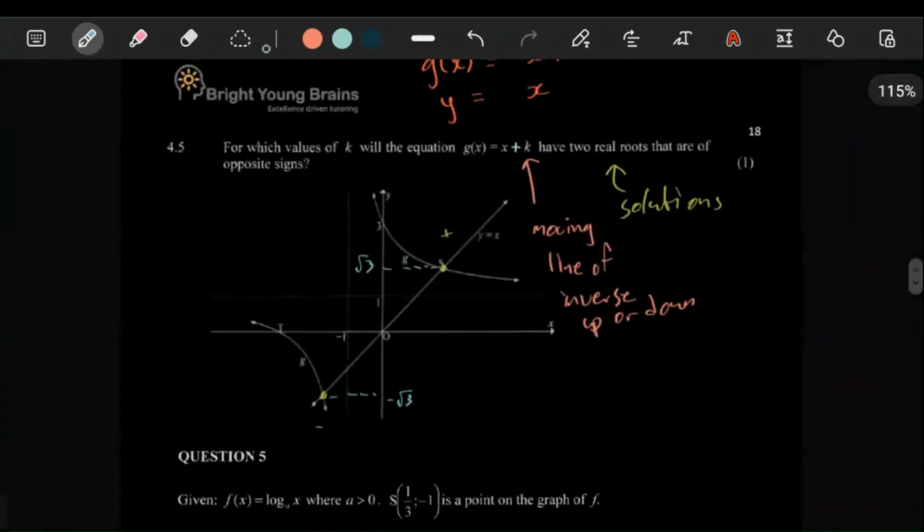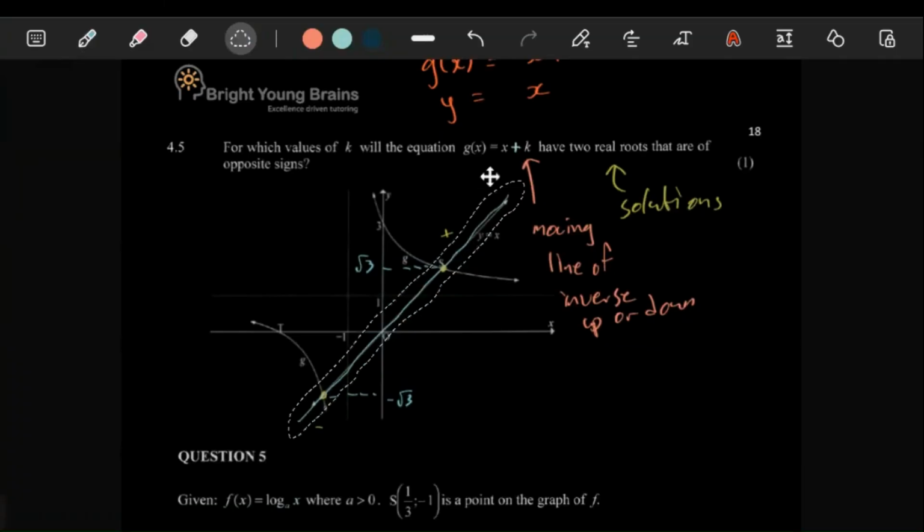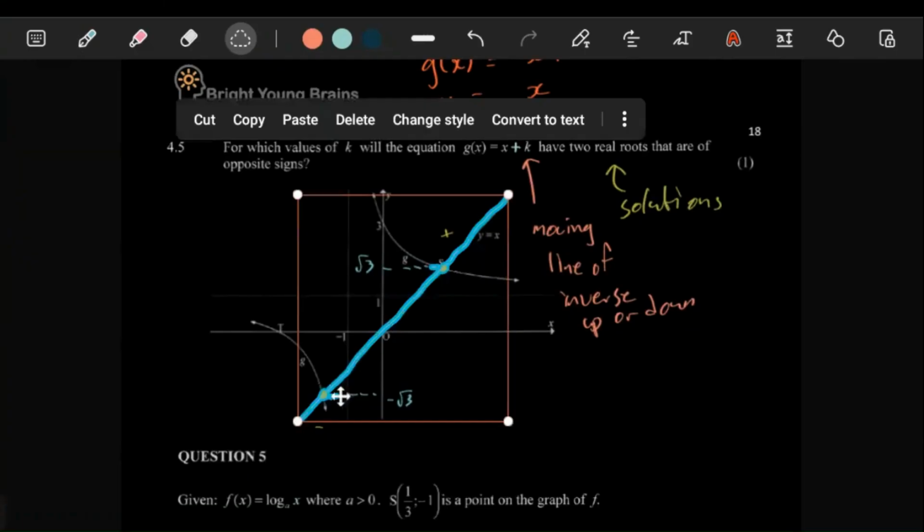Now, if your straight line moves up or downwards, let me actually show you this image in a way that will make sense. So if you look at this graph here that I just drew, if this picture were to move up or down, firstly, the way it is now, you have solutions of opposite signs. One has a positive x value, the other has a negative x value.